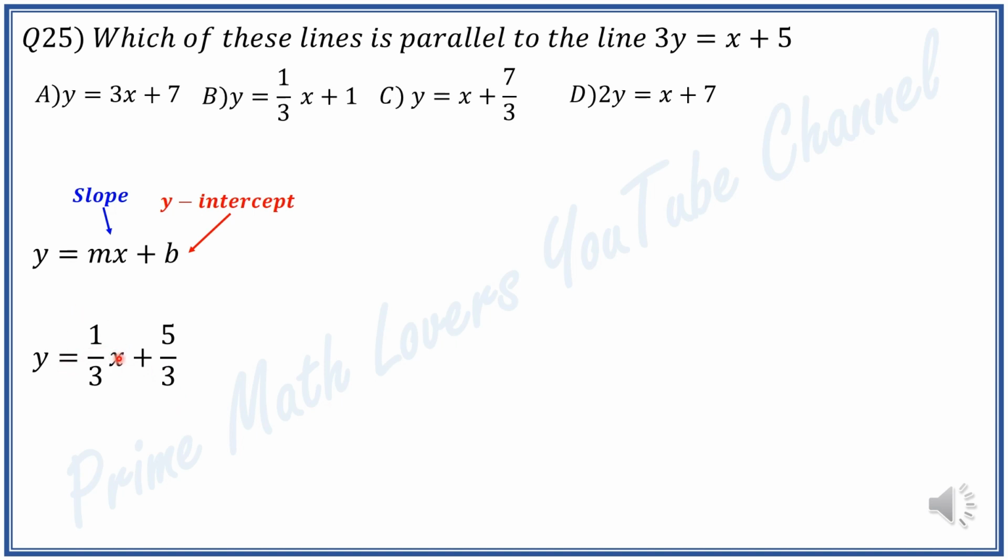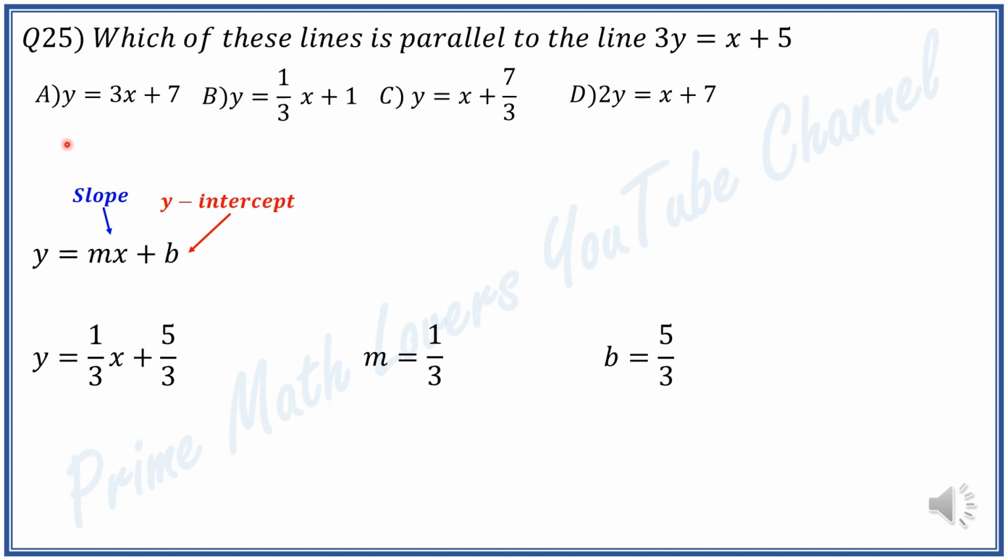Now comparing this with the slope-intercept form, we can see that the slope of our line is 1/3, and the y-intercept b is 5/3. Parallel lines have identical slopes, meaning that lines that are parallel will have the same slope value.